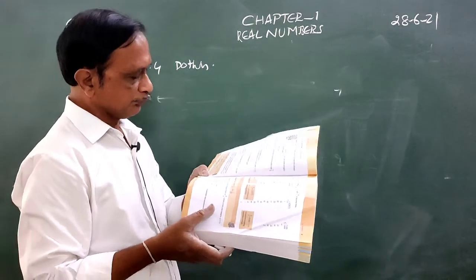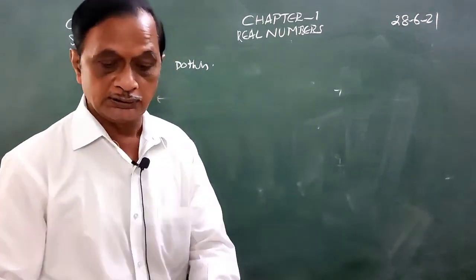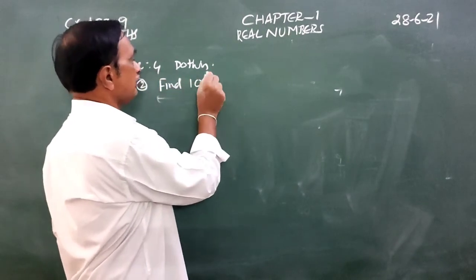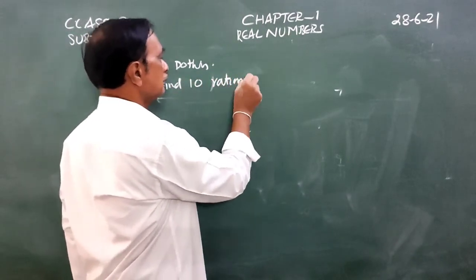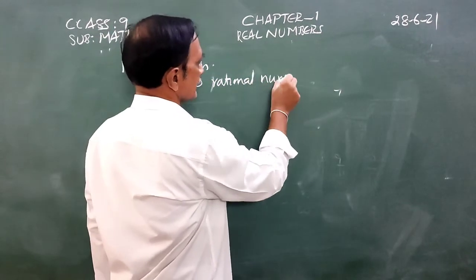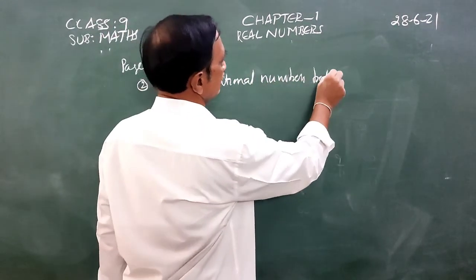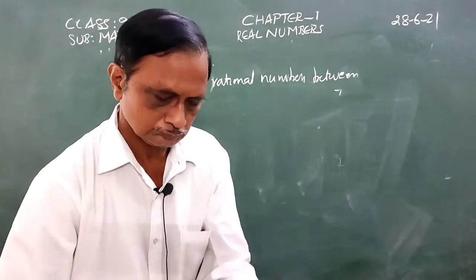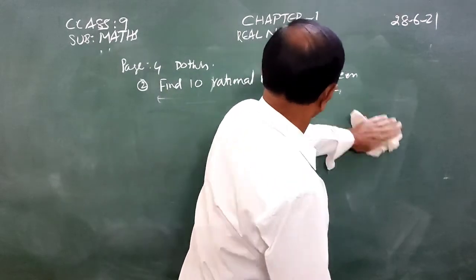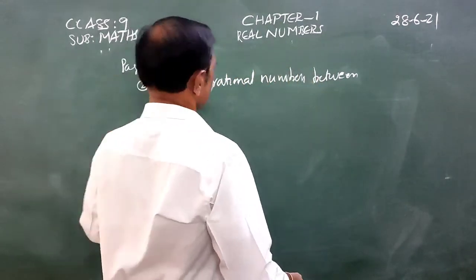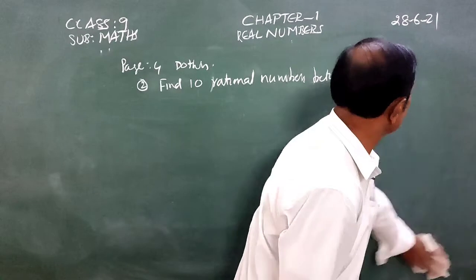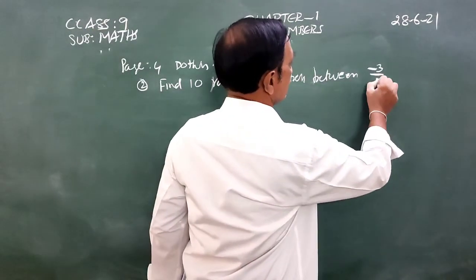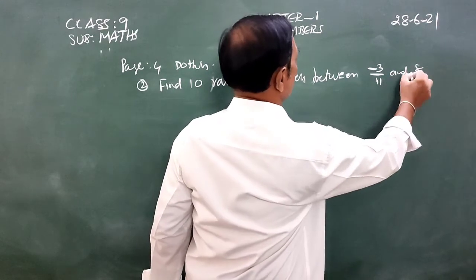Find 10 rational numbers between minus 3 by 11 and 8 by 11.